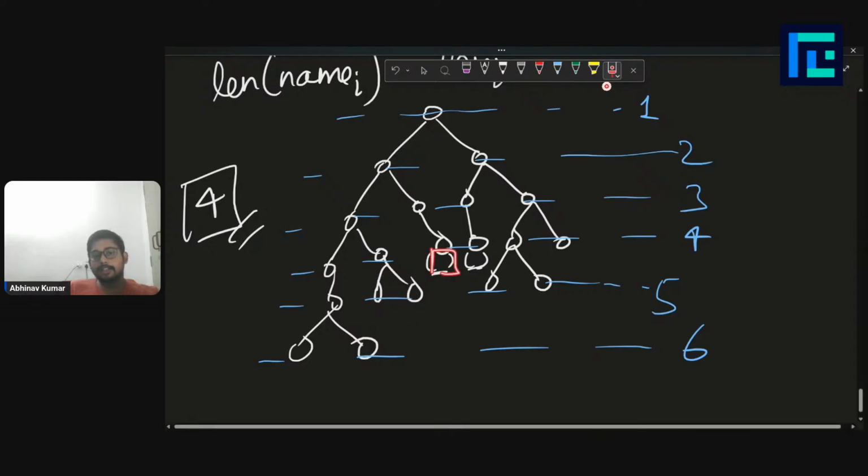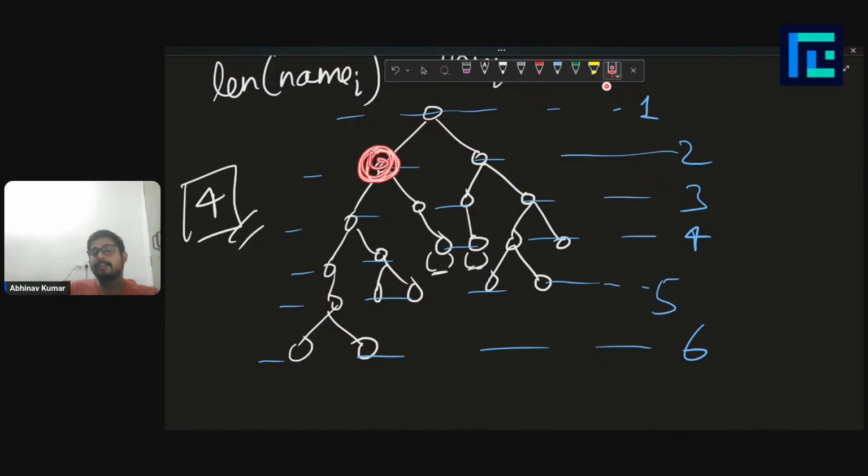If you look, the first character in its name would always be whatever is given to the root node. The second character would be the next path that we take in coming to this node. Whatever is here would be the second character for this, and whatever is here would be the second character for this node.